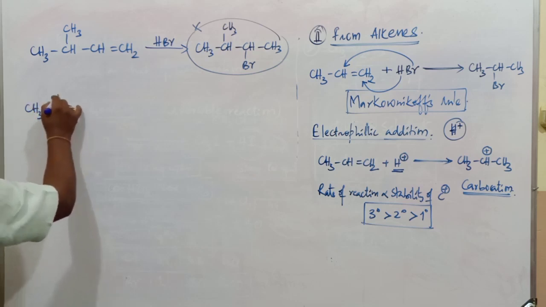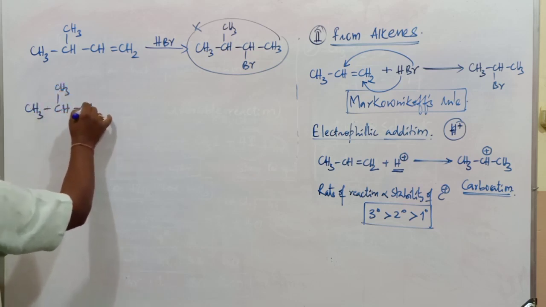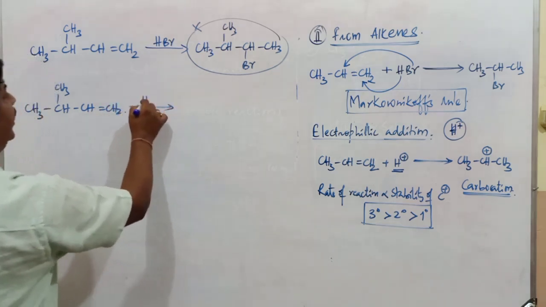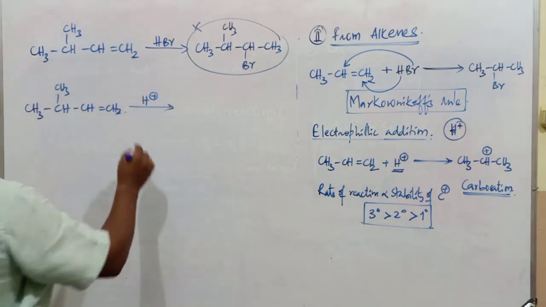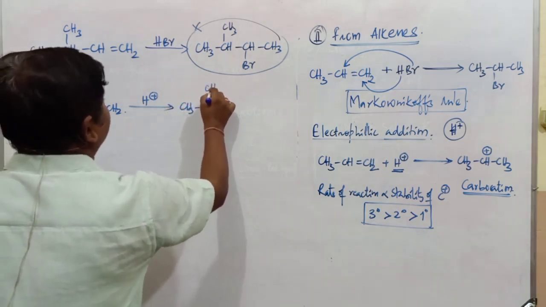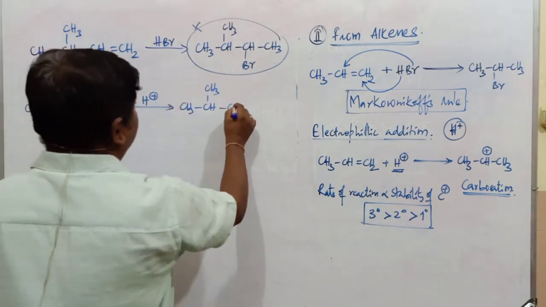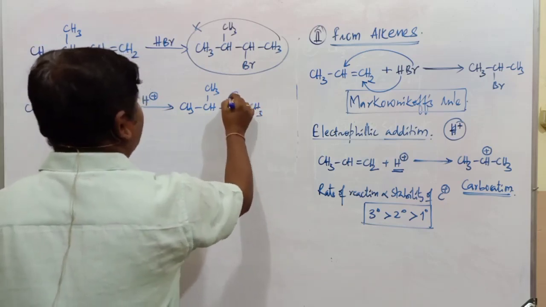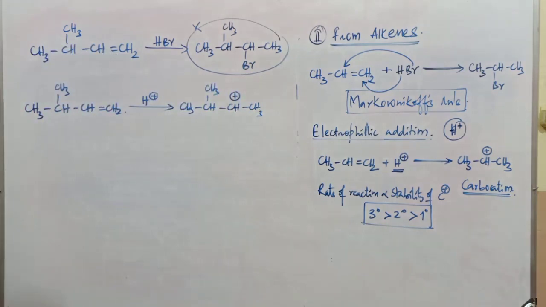See, CH3, this is CH=CH2. As I mentioned, first addition of H+ takes place. Addition of H+ means CH3, CH, CH3, right? CH, CH3, and this carbon atom carries the positive charge.